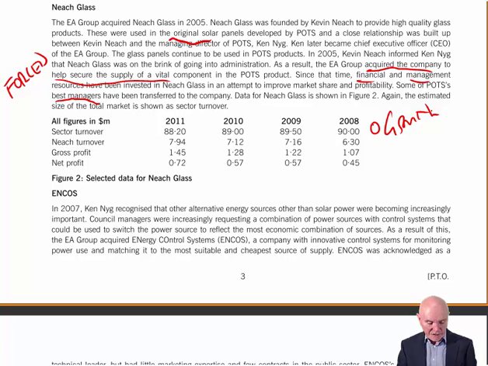So the first market share was 6.3 divided by 90. So it's 7%. And we end up here with 7.94 divided by 88.2. We're coming at about 9%.